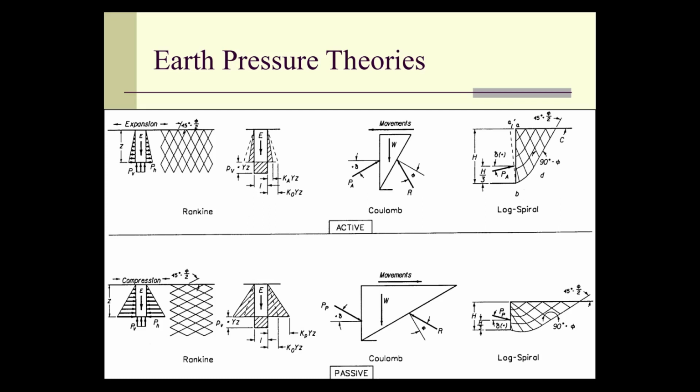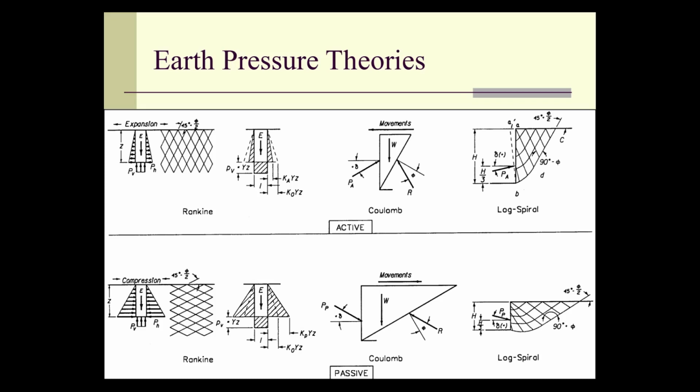Rankine was the Scotsman that came up with that, and there are two major differences between Rankine and Coulomb. Rankine can be derived for level backfill. Level versus sloping backfill is another term I'm going to get into; we'll talk about that in a minute.